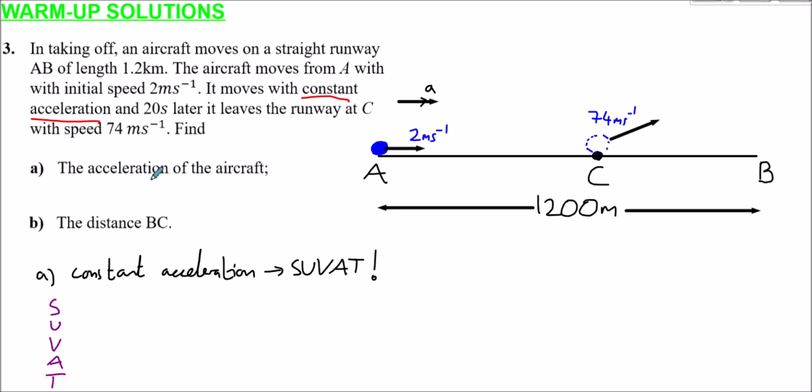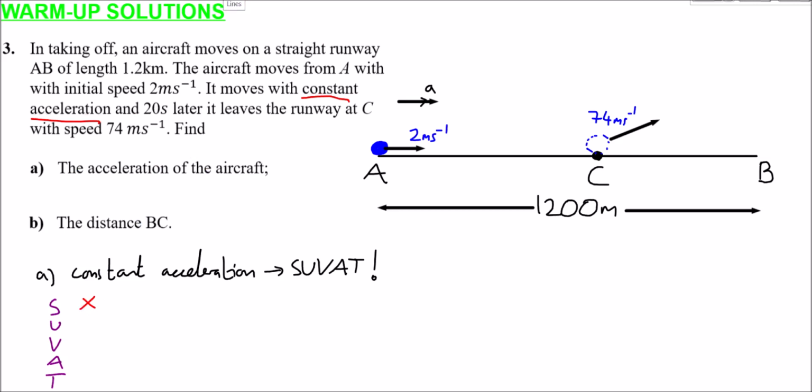So we want the acceleration of the aircraft. I don't know anything about what happens at B, so I'm just looking at between A and C here. For displacement between A and C, I don't know, and for part A, I don't need to know it. So the displacement, which is given by S, I'm just going to put a cross for it because I don't need to know it at all. U stands for initial velocity.